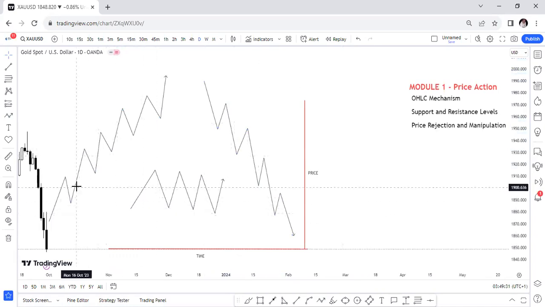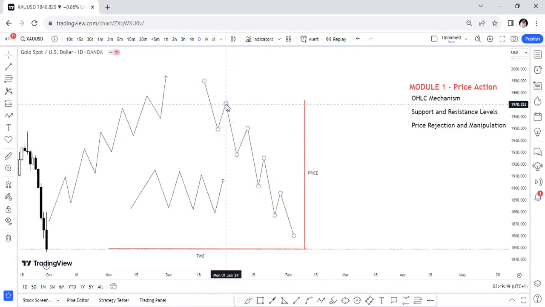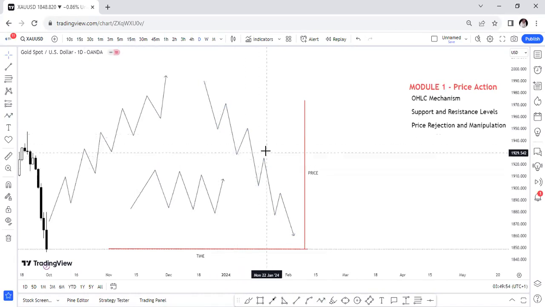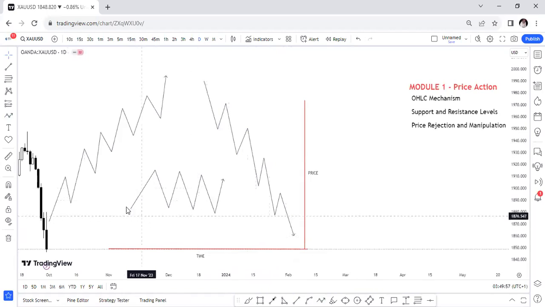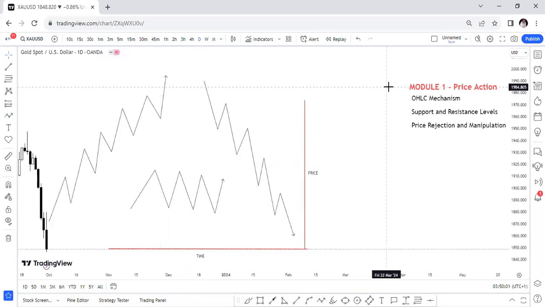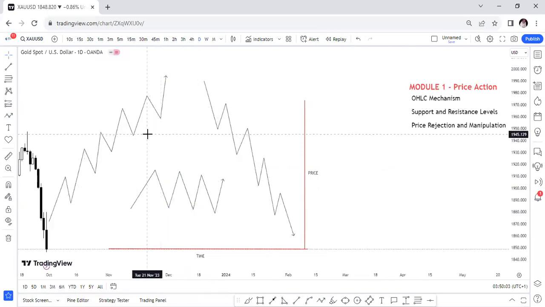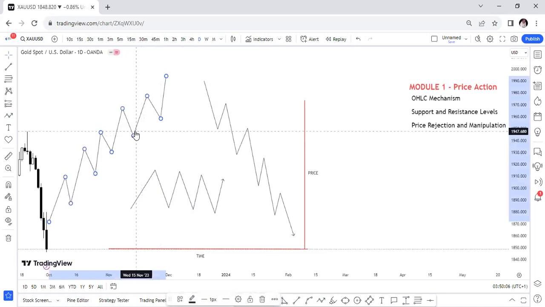Buyers move along high, low, high, low in an upward direction, while selling is about sellers moving along lower high, lower low, lower high, lower low. Then the sideways trend is when we have equal highs and equal lows. So that is the meaning of price action.